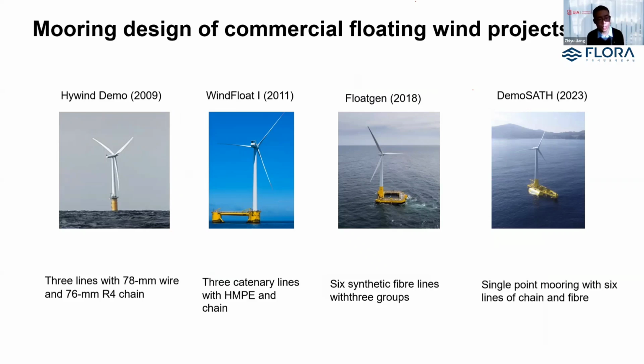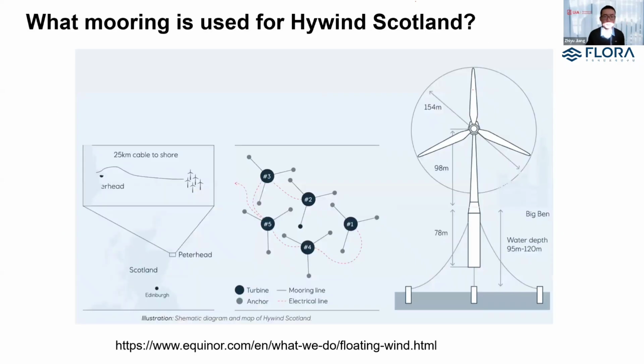As you can see here, Hywind Demo uses 3 mooring lines with a combination of wire and chain material, while WindFloat projects used HMPE, which is a type of thermoplastic material with a combination of chain, and synthetic fiber ropes are also being increasingly used in latest projects like Floatgen, the famous French project with a damping pool for the floating platform.